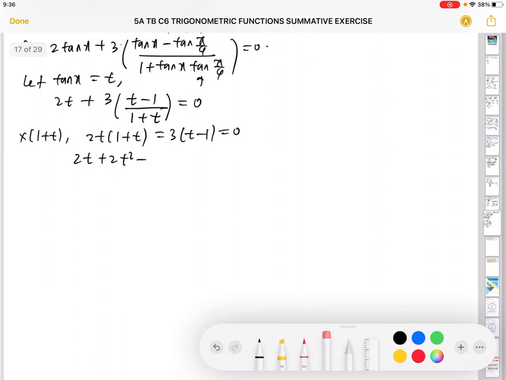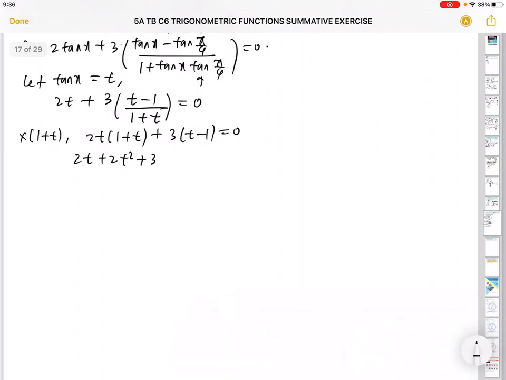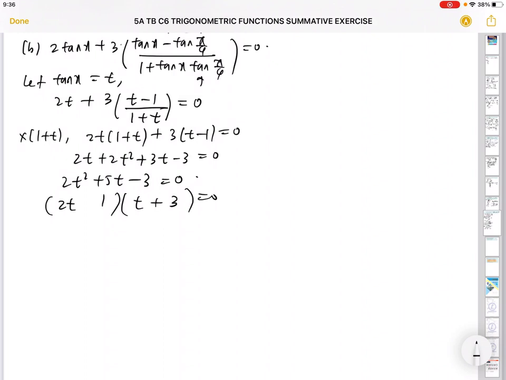Okay, we can factorize: 2t, t, 3, 1, plus and minus, plus 5 minus 1. Okay, t is now half, t is now negative 3. Remember, t is your tangent x. We're not done yet. Remember this time we are finding angle in radian. So, shift tangent 1 over 2. Okay, can I not write reference angle? 0.4636.